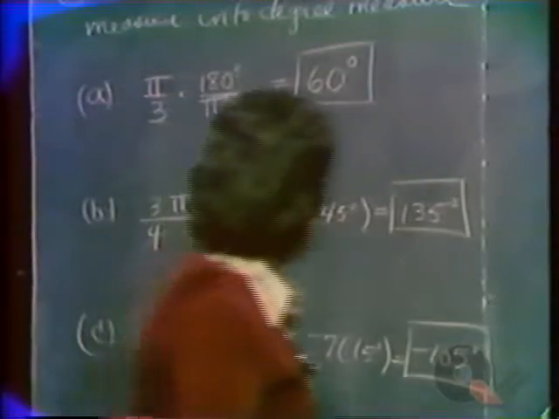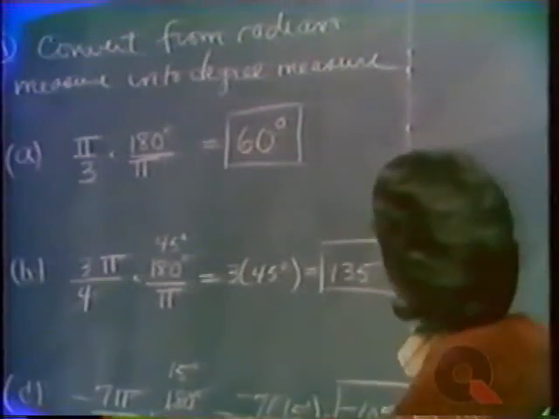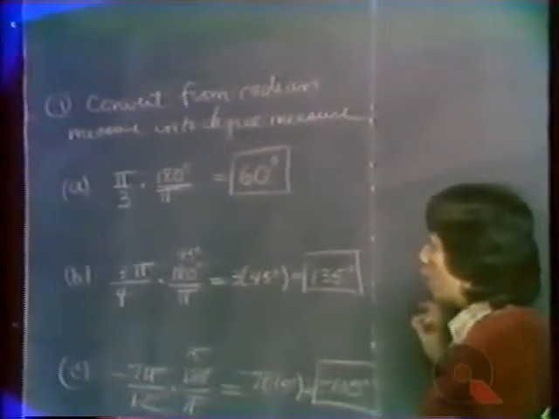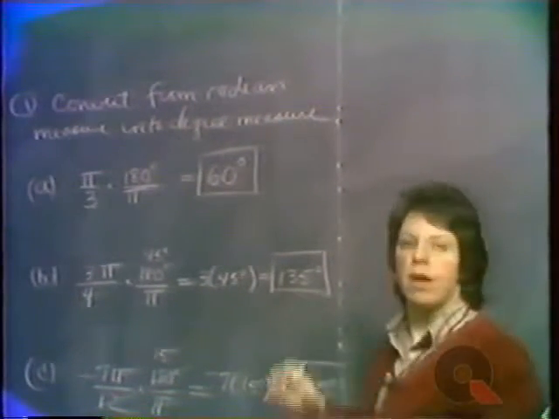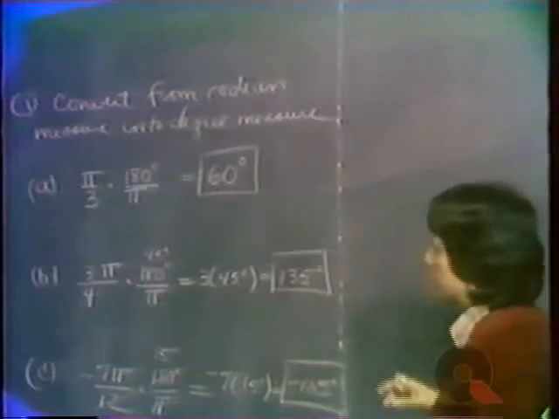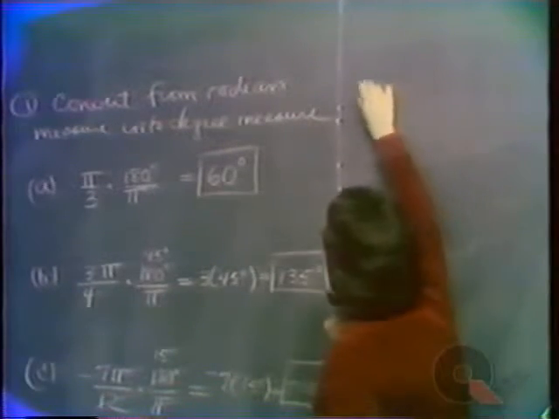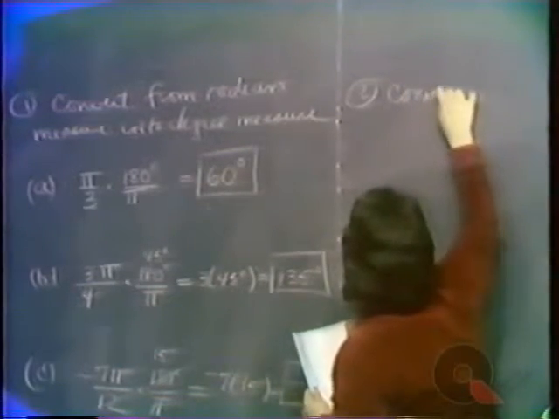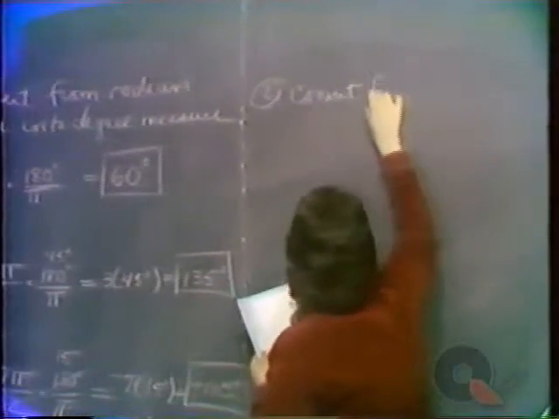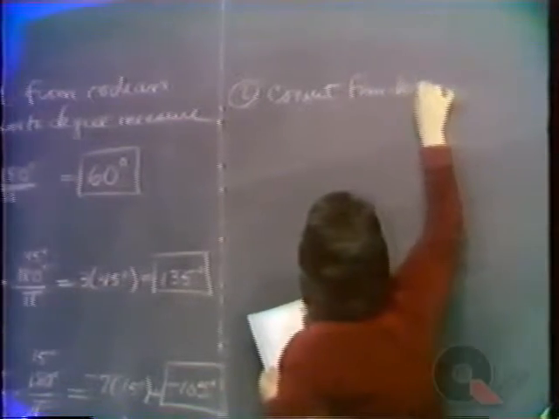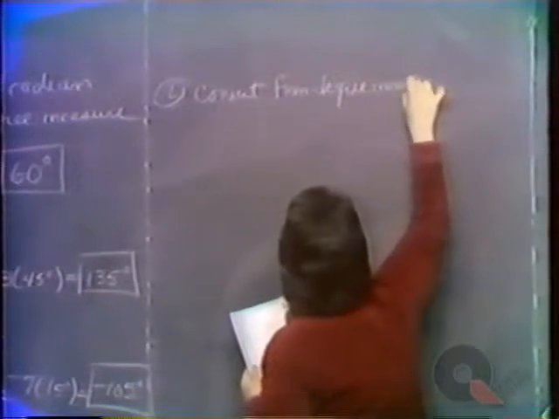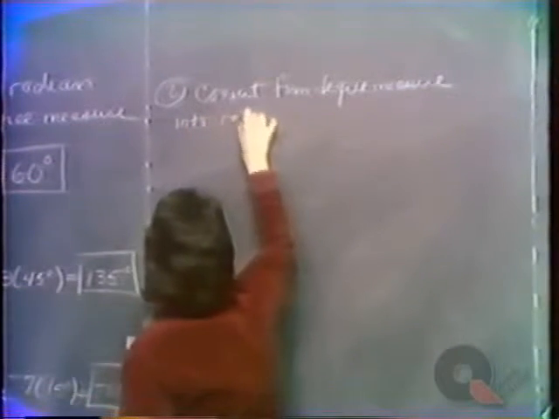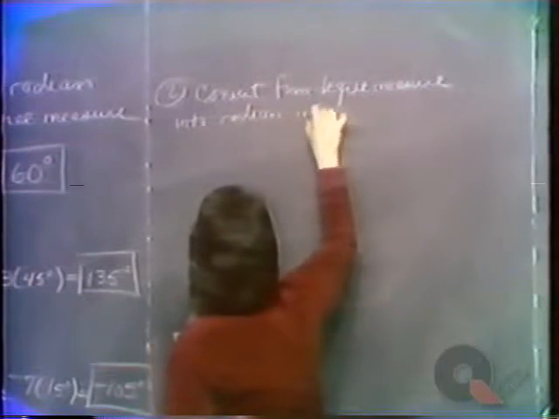Okay, now let's say we have the opposite problem. I give you an angle in degree measure, and I ask you to go back into radian measure. All we'll have to do in that case is to multiply by pi over 180 degrees instead of 180 degrees over pi. So in example number 2, we want to convert from degree measure into radian measure.